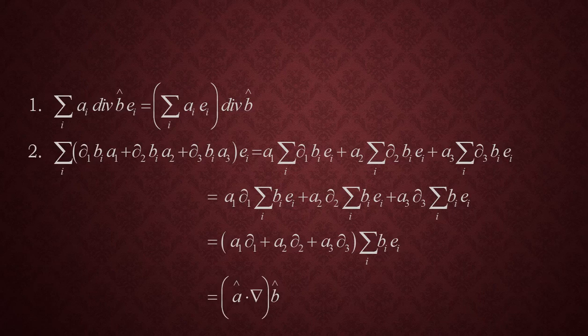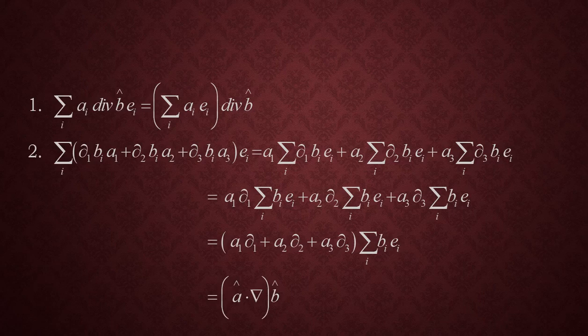That is summation sigma over i A_i div B times e_i. This equals div B times summation sigma over i A_i e_i.